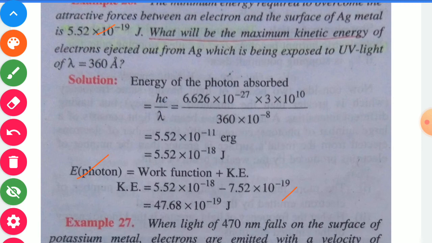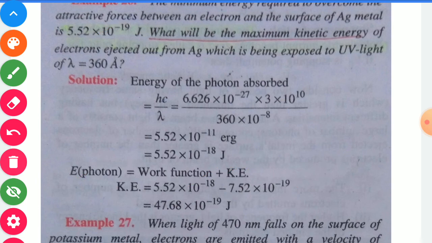Therefore kinetic energy is equal to 5.52 × 10^-18 minus 7.52 × 10^-19. Here 7.52 × 10^-19 is the work function value, that is the minimum energy which overcomes the attractive force between the electron and the surface of silver. On solving, the kinetic energy is found to be 47.68 × 10^-19 joule.